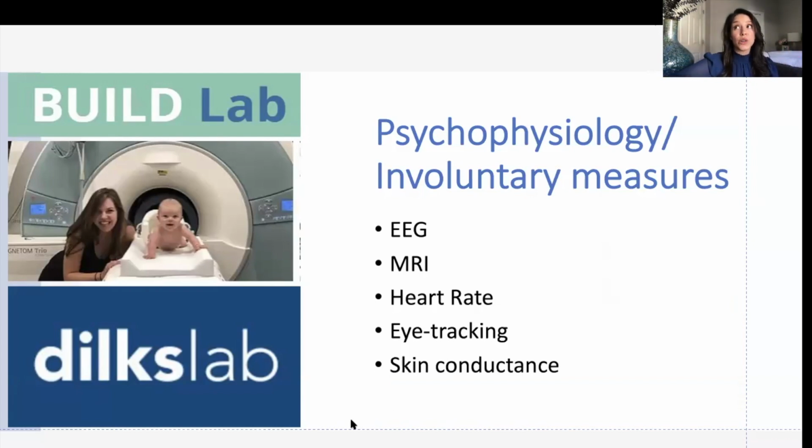Now, what's really cool about doing EEG or MRI with children is that now you can ask questions like, what is the starting state of a baby's brain? Are different neural parts connected from the get-go? Are they communicating from the get-go? Are they specialized from the get-go? And you can do that by putting newborns in the scanner.